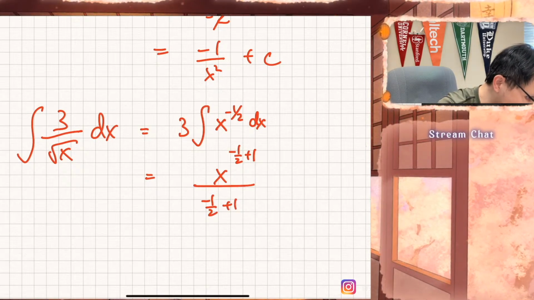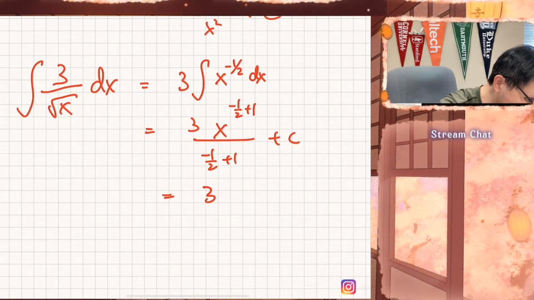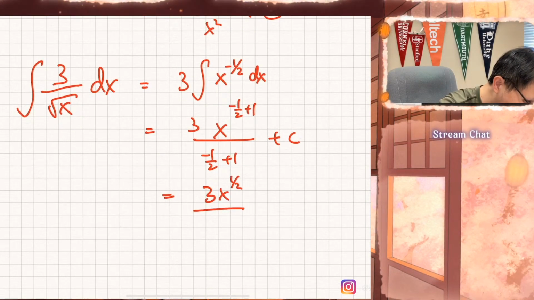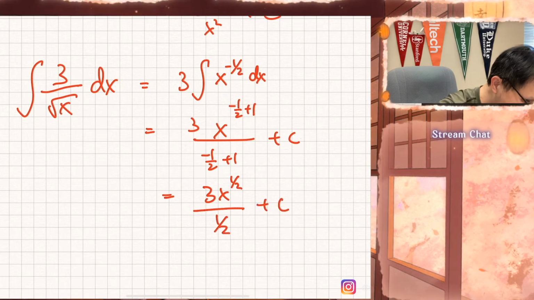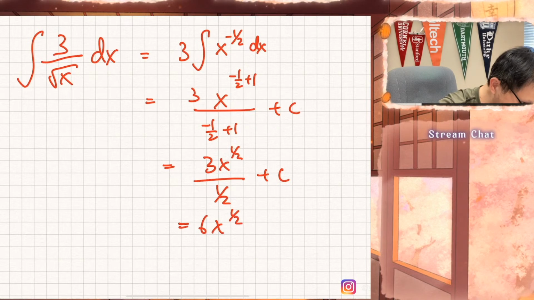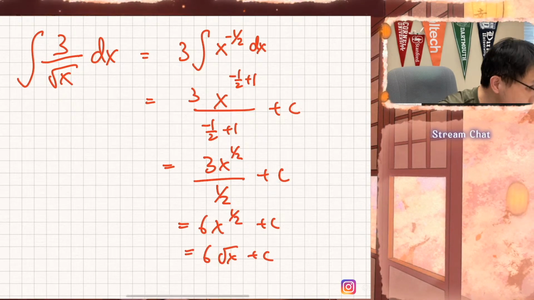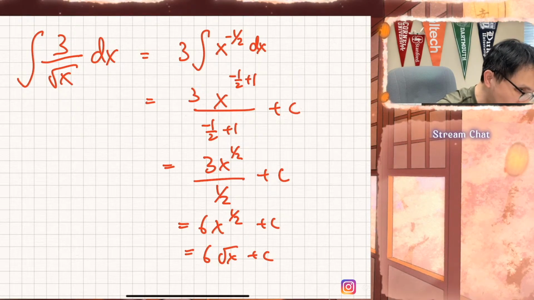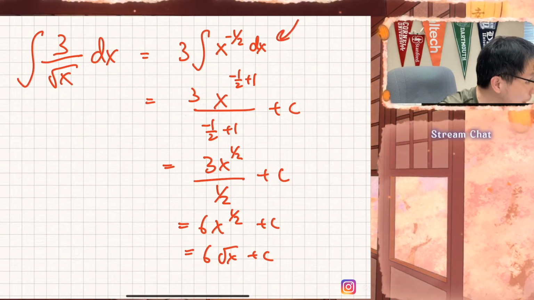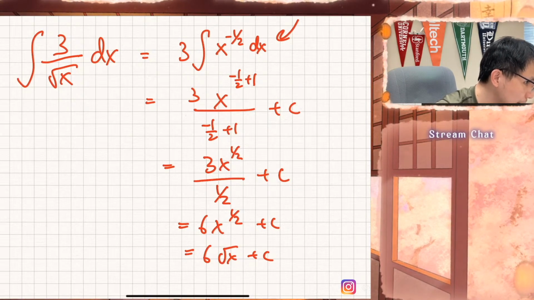I usually don't write this out, but I'll write it out to help you. 3x to the 1/2 over 1/2. Now it's keep, change, flip, so it's 6x to the 1/2 plus c, which is 6 square root x plus c. That's the rewrite process. I rewrite it to the numerator, and once I rewrite the numerator, I can take the integral of this.